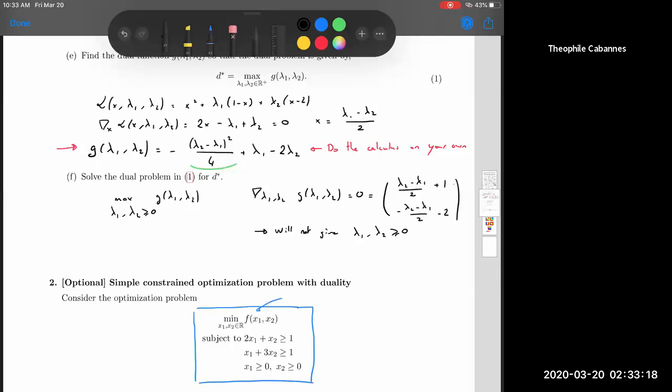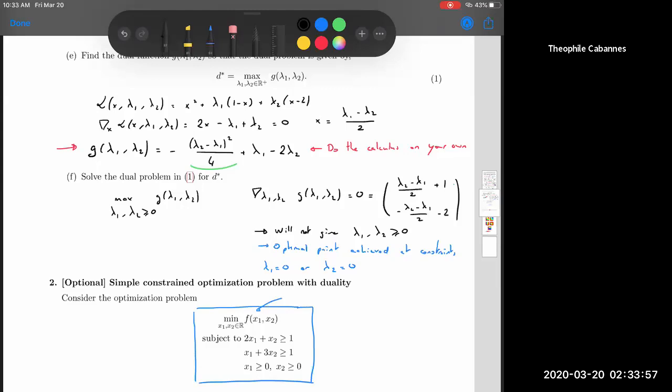So what you will do is, if you cannot set the gradient to be equal to 0, it means that the optimal point is achieved at the constraint. So either lambda1 is equal to 0 or lambda2 is equal to 0. And this we can do it.